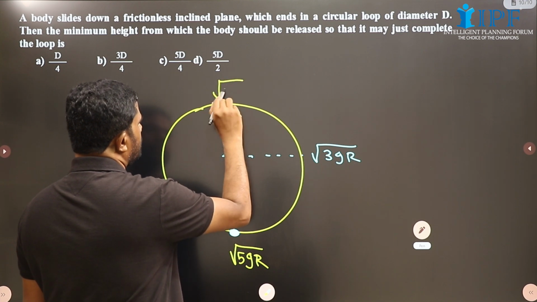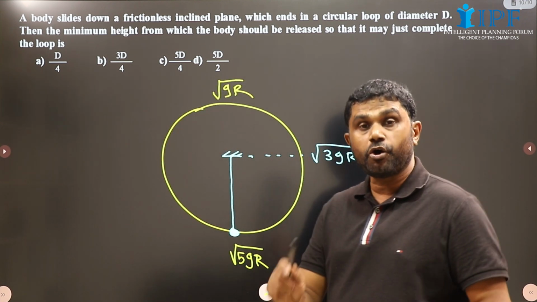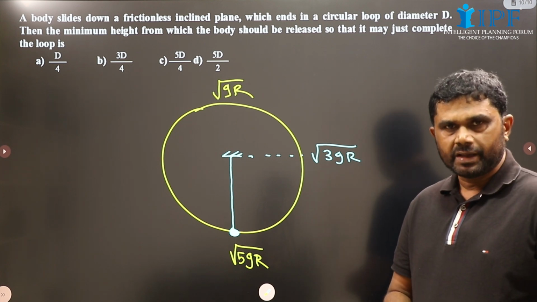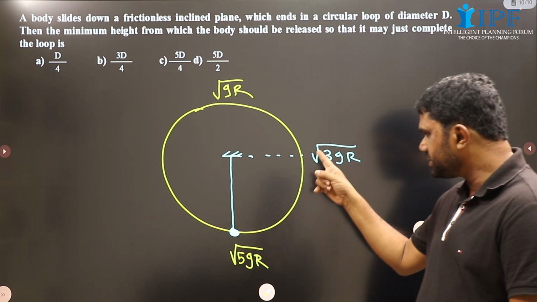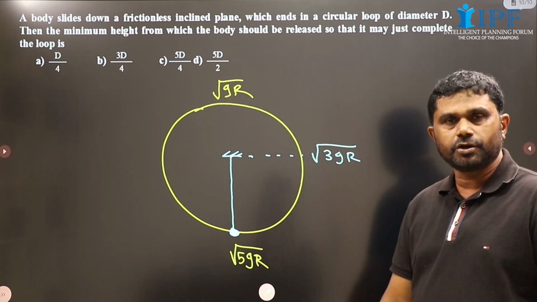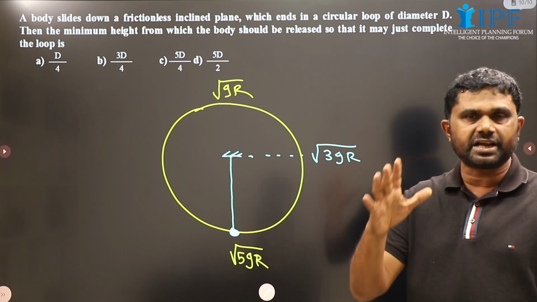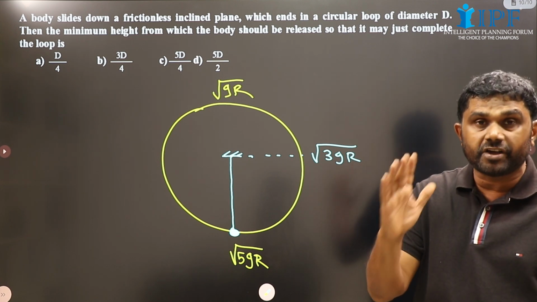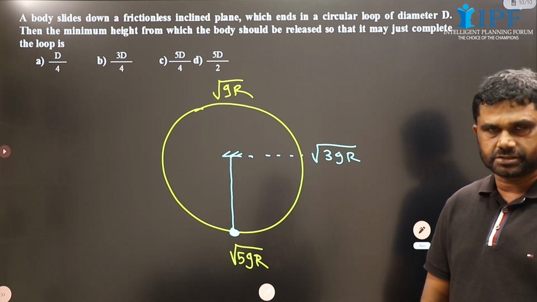If the velocity at the lowest point is more than root 5gr, then the velocity here will be more than root 3gr, and here it will be more than root gr. Anyway, in order to complete a vertical circle, the minimum required velocity at the lowest point is root 5gr, where r is the radius of the circle.